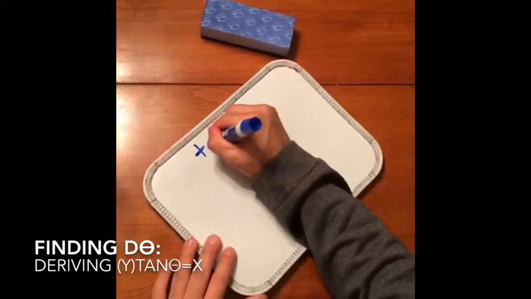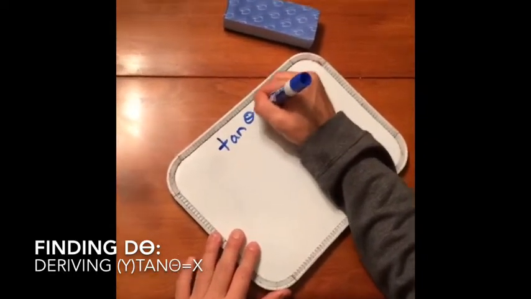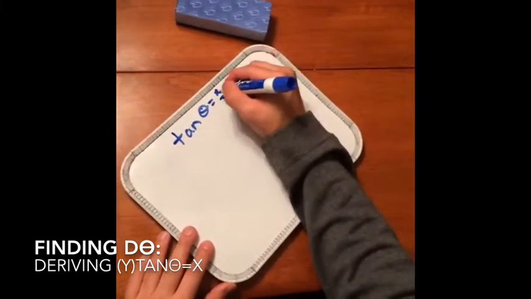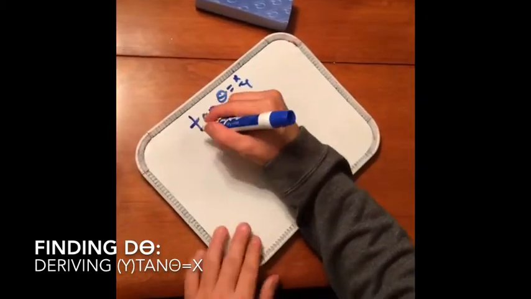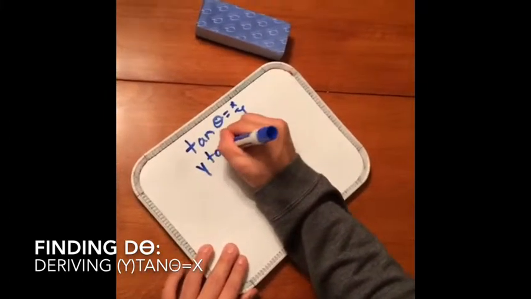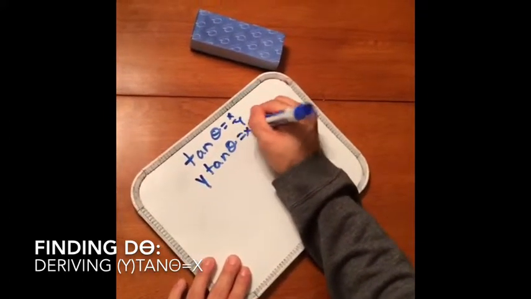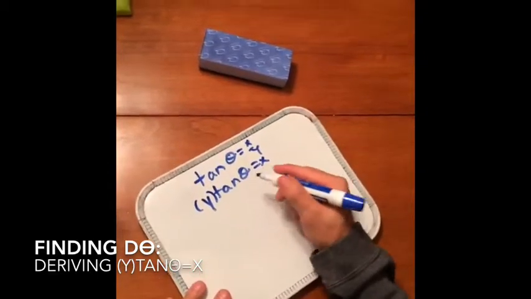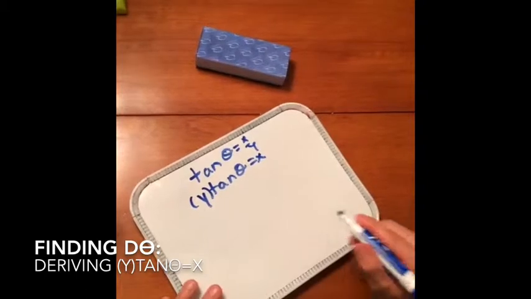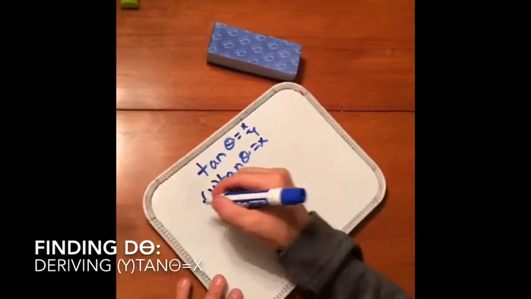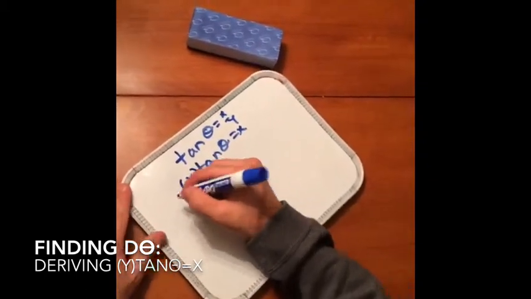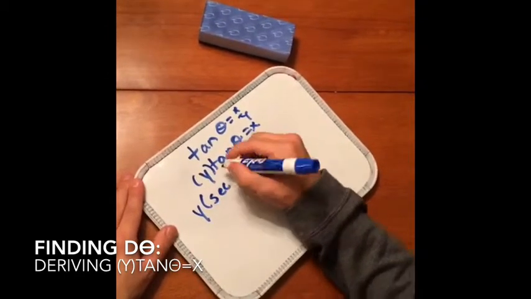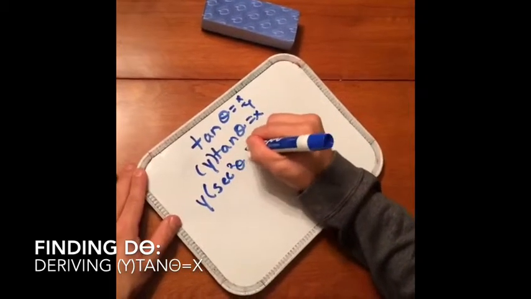Given our old equation of tan theta equals x over y, we can move over the y to get y tan theta equals x. This sets up a product rule and makes it really easy to solve for d theta when we derive it. So when we derive it, we do y times secant squared theta.